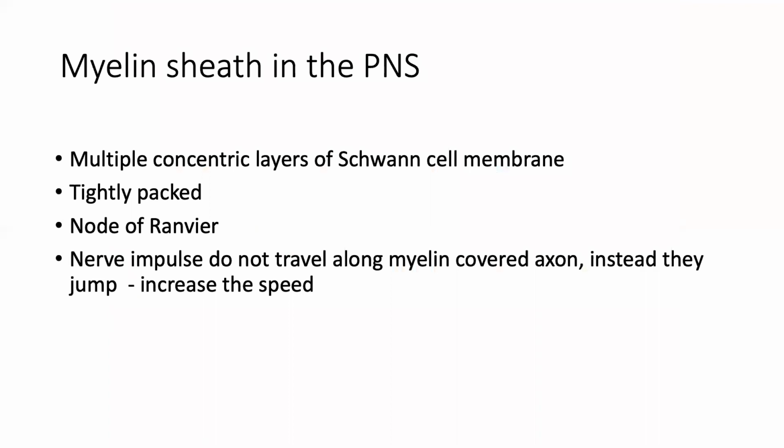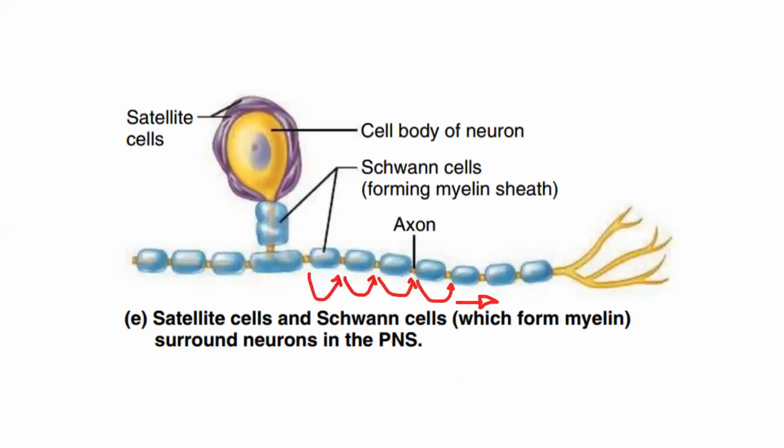The myelin sheath in the peripheral nervous system has massive concentric layers that are tightly packed, and there are gaps in between the myelin sheath layers. These gaps are called nodes of Ranvier. And nerve impulses do not travel along the myelin-covered axon. Instead, they jump, and that will increase the speed. What am I saying? Here, the nerve impulse is coming along the axon.